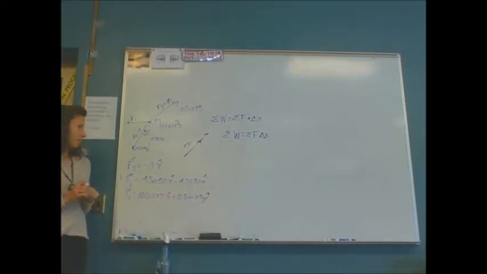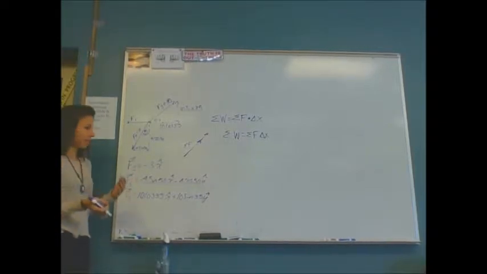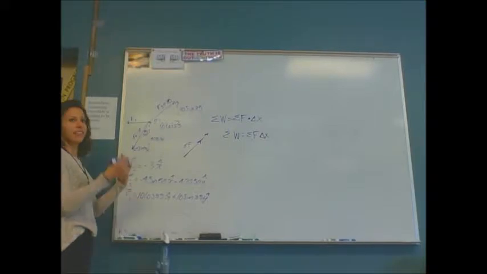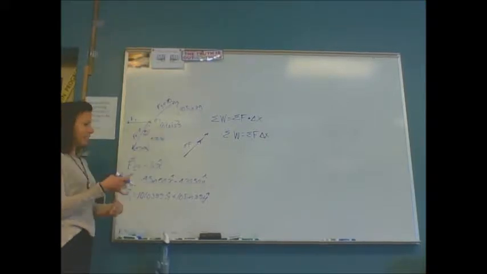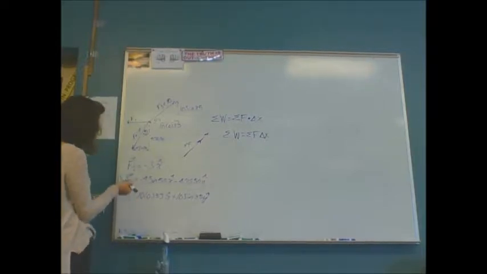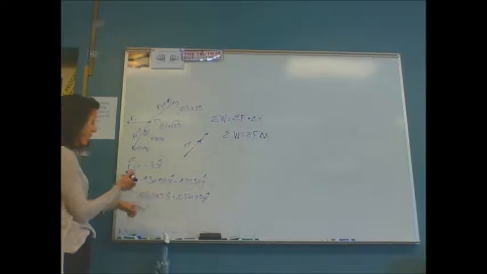Then to find the net force vector, I add all the x's to get the net force x hat, and I add all the y's to get the net force y hat. You probably get something negative x hat, positive y hat maybe? Does anyone know?